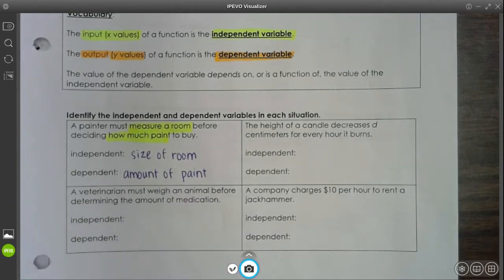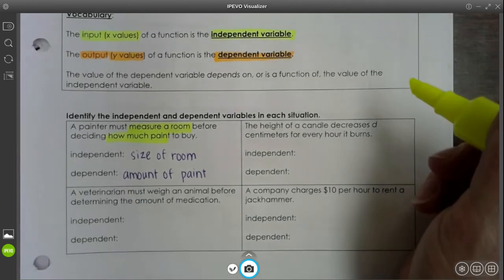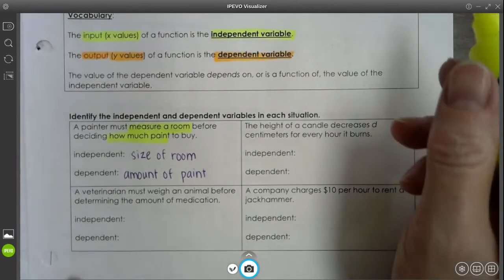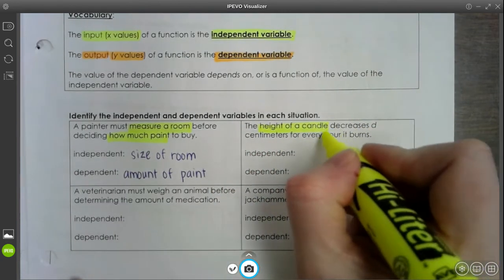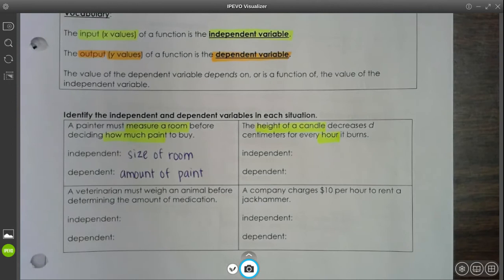Okay, the next one says the height of a candle decreases d centimeters for every hour that it burns. So we have two things going on here. We have how tall is the candle and how long has it been burning? So my question is, we've got time, and we've got height of the candle. So does the time depend on how tall the candle is, or does the height of the candle depend on how long it's been burning?